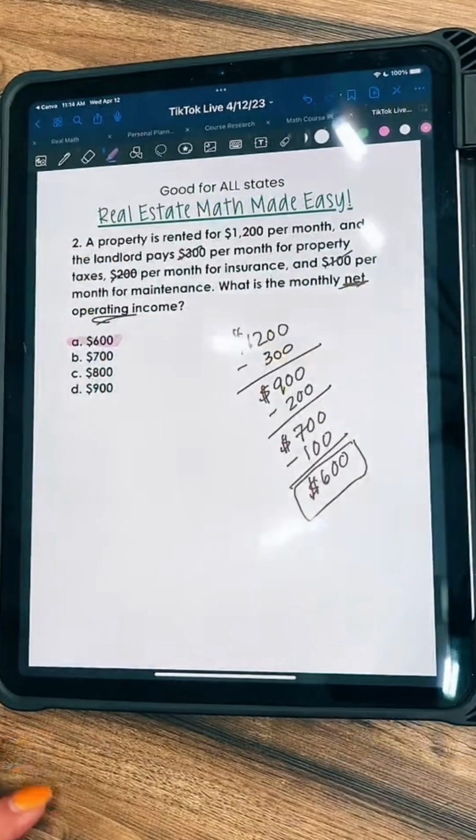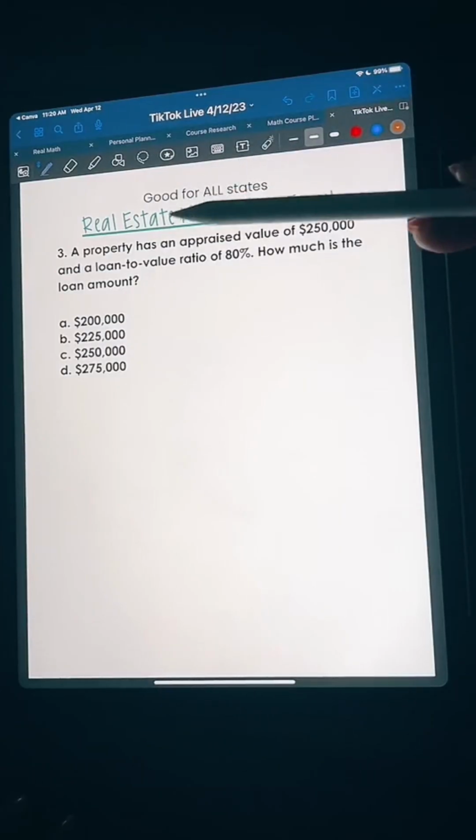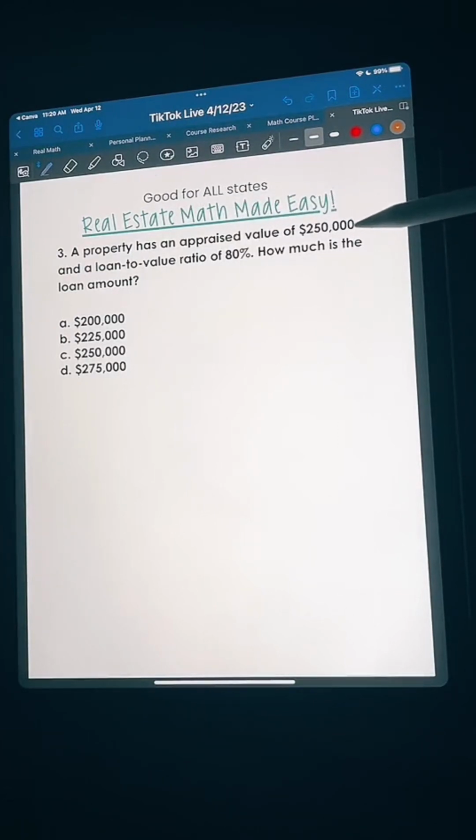Okay? So it says here, number 3, a property has an appraised value of $250,000 and a loan-to-value ratio of 80%. How much is the loan amount? Okay? So if this is the appraised value of $250,000, we need to know how much the loan amount is. So 80% of this.